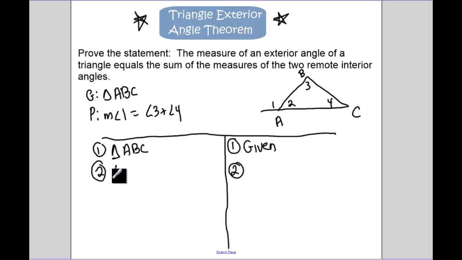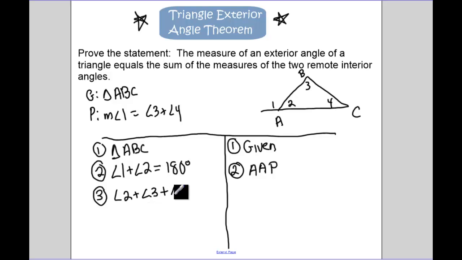Now, angle 1 plus angle 2 adds up to 180 degrees. And that is our angle addition postulate. Now, because 2, 3, and 4 all make up angles in the triangle, so angle 2 plus angle 3 plus angle 4, I now have three angles that add up to 180 because they make up the angles in a triangle.